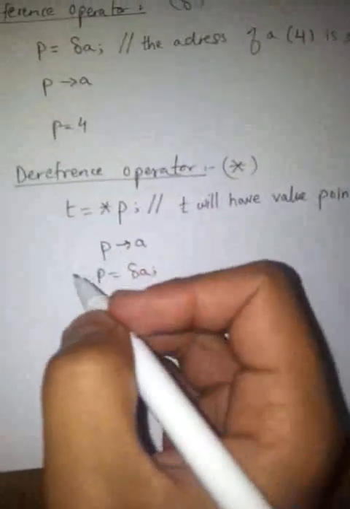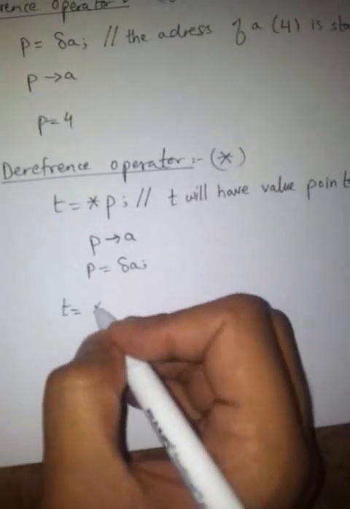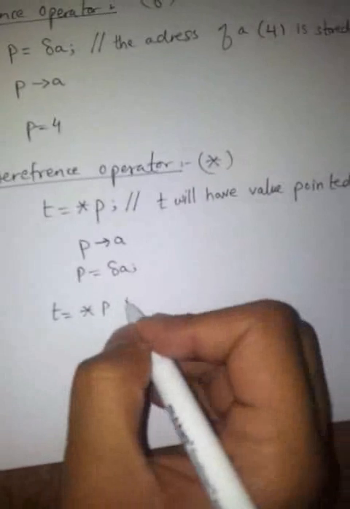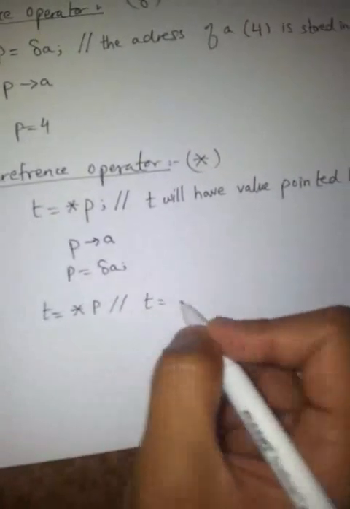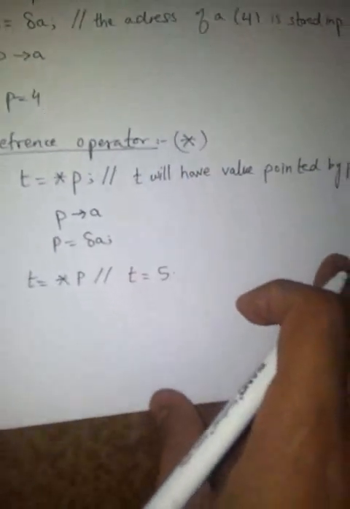So this instruction means that t will be assigned the value 5. So this was the dereference operator.